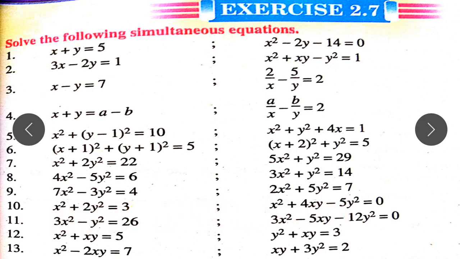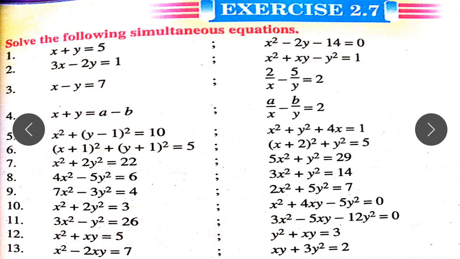So you can recognize this type of equation: if you have xy in the middle, it can be factorized further. This equation can be solved by factorization, because it can be factorized by midterm partition. After factorizing this equation, you will have the values of x. Then you can put those values of x in this equation in order to find the values of y. These both equations are the same and can be solved by the same method.